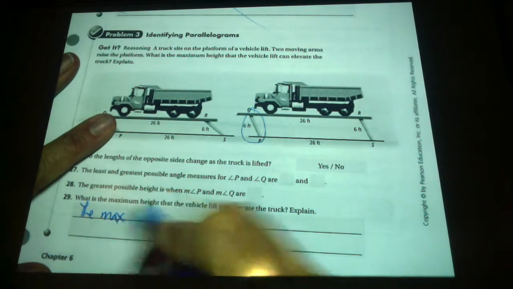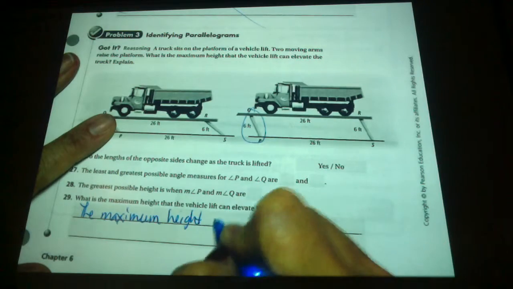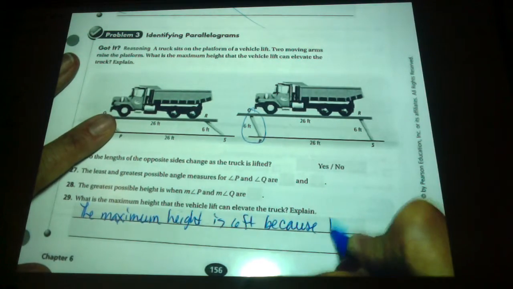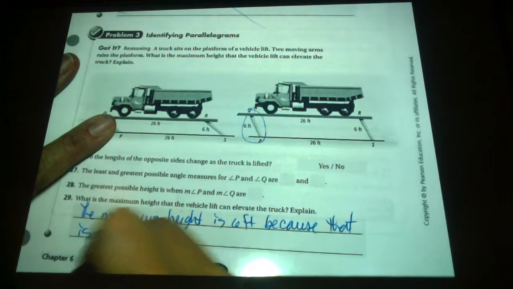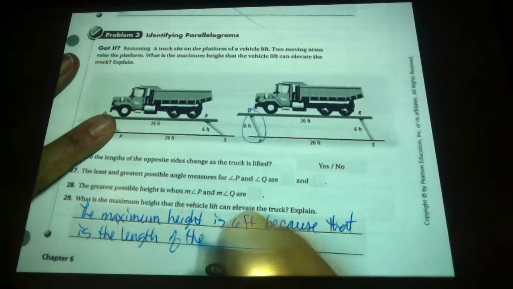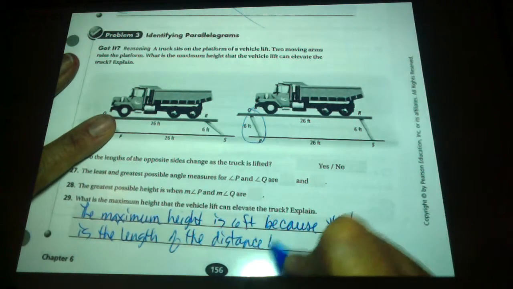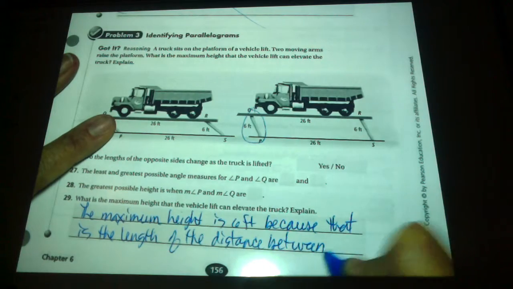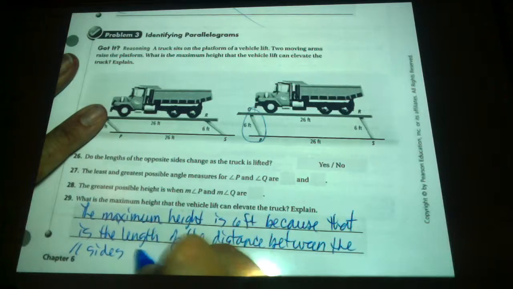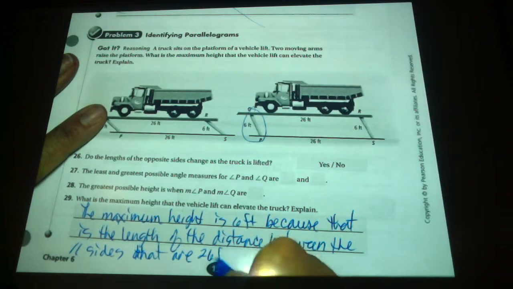The hard part is finding why. It is 6 feet because that is the length of the distance between the parallel sides that are 26 feet long.